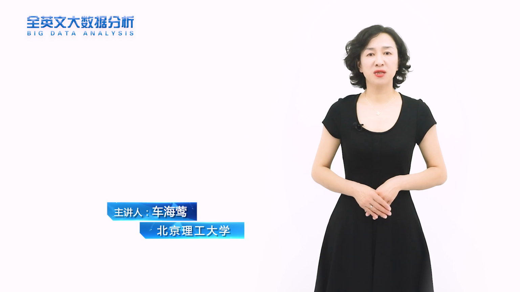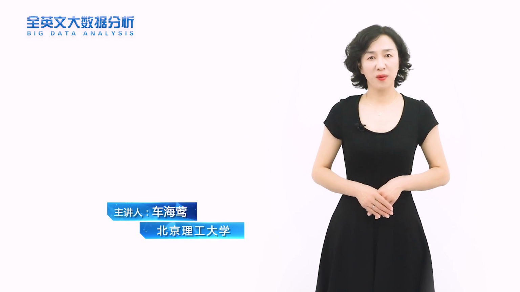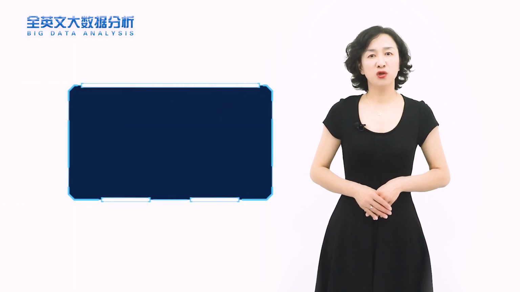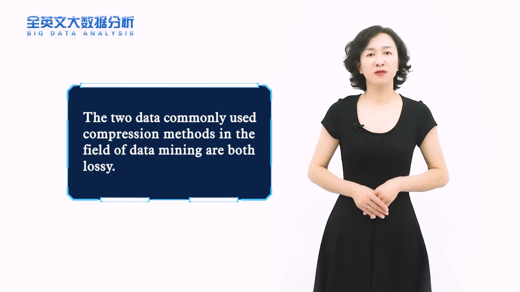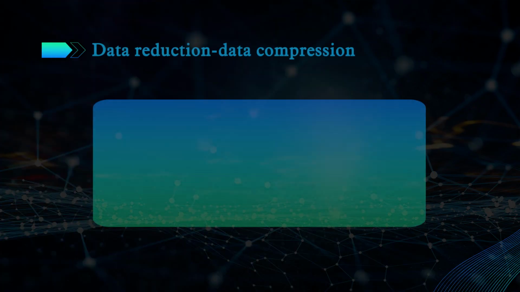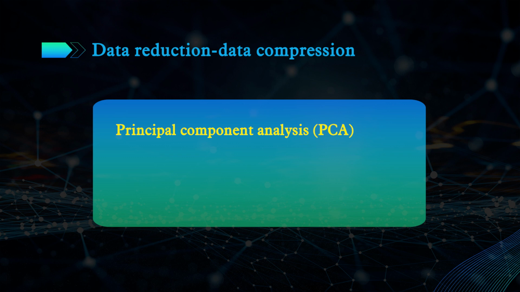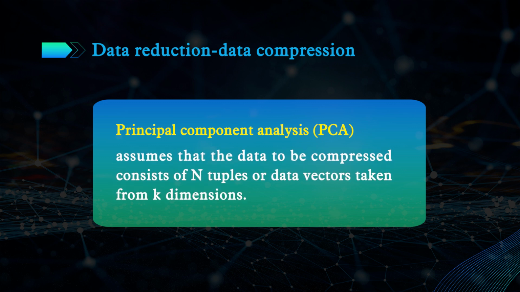Data compression uses data encoding or transformation to obtain a compressed representation of the original data. The two commonly used data compression methods in the field of data mining are both lossy. Principal component analysis, PCA, assumes that the data to be compressed consists of n tuples, or data vectors, taken from k dimensions.